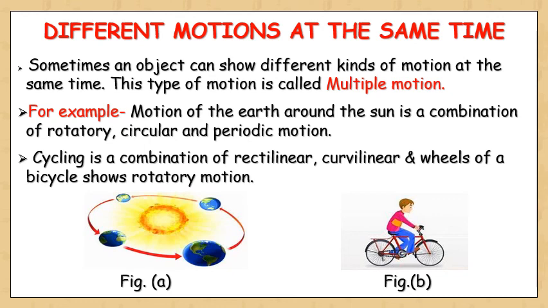Similarly, a moving bicycle which moves straight or in a curved path on the road displays rectilinear or curvilinear motion. But at the same time, the wheels of the bicycle, which move in circles, display circular motion and rotatory motion.